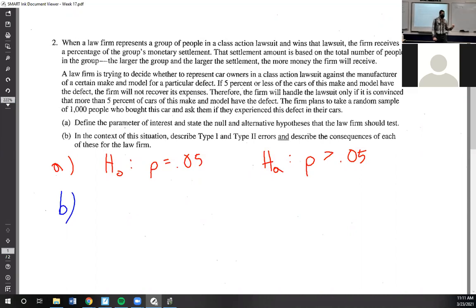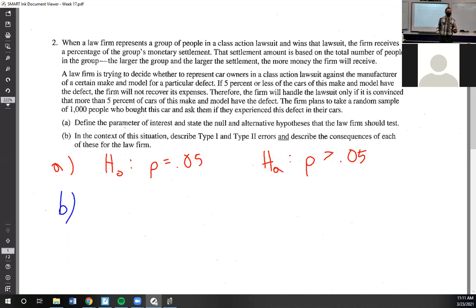So let's first talk about what rejecting would mean. Rejecting the null hypothesis means we're concluding the alternative. So that means we are concluding that more than 5% of the cars have the defect. So if we're doing that incorrectly, then that means we're saying that more than 5% of the cars have the defect, when in fact, they don't.